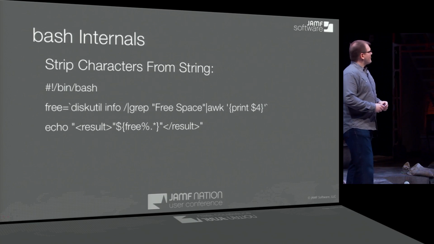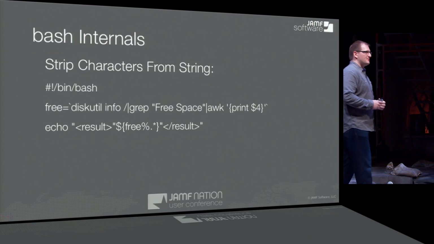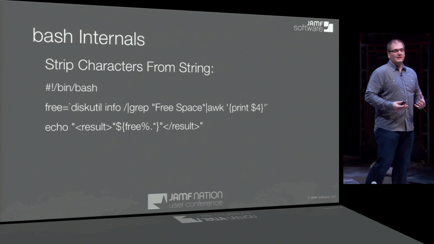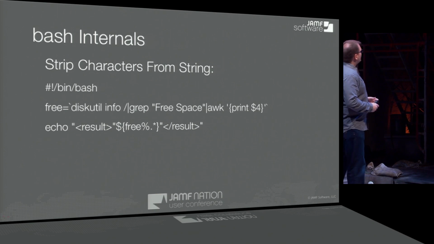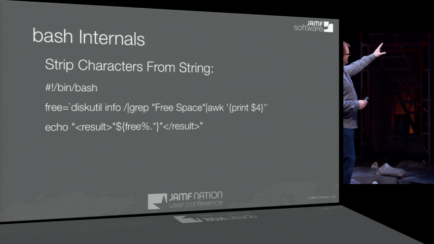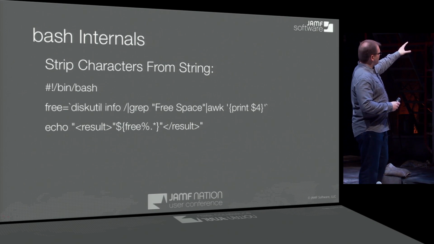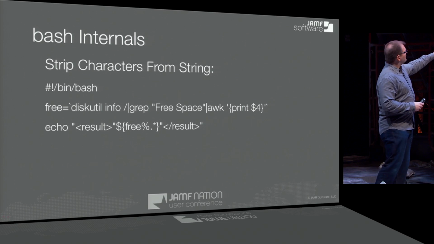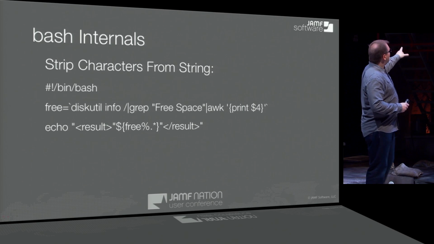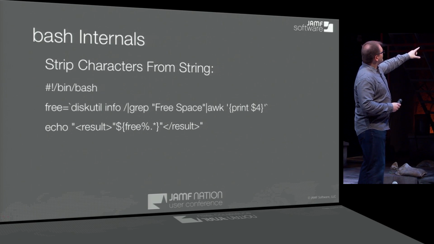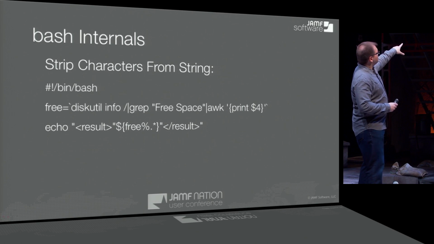And now, going back to that idea of the extension attribute to determine if I've got enough space for my new partition, I'm saying I want the diskutil info on my boot disk. I want the line that contains free space, and I want the fourth field from that line. Then I'm going to feed that into a variable called free.